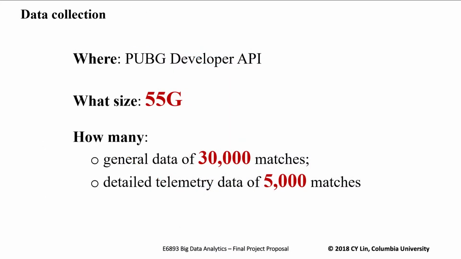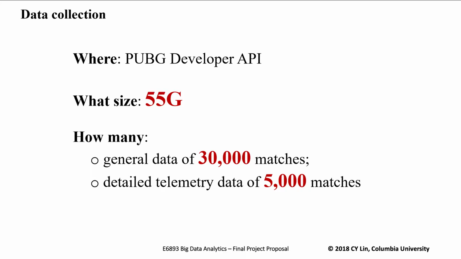The dataset is collected from the PUBG official developer API, which requires us to request a certain format of URL to get the information, with a rate limit of 10 per minute.